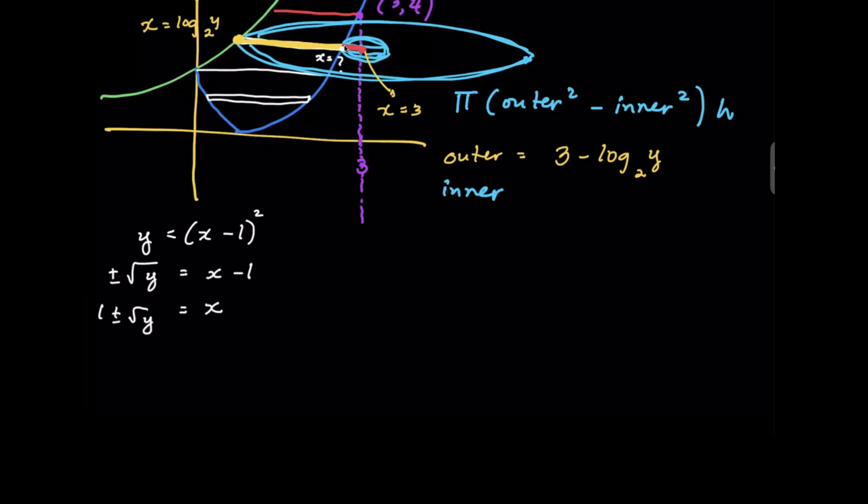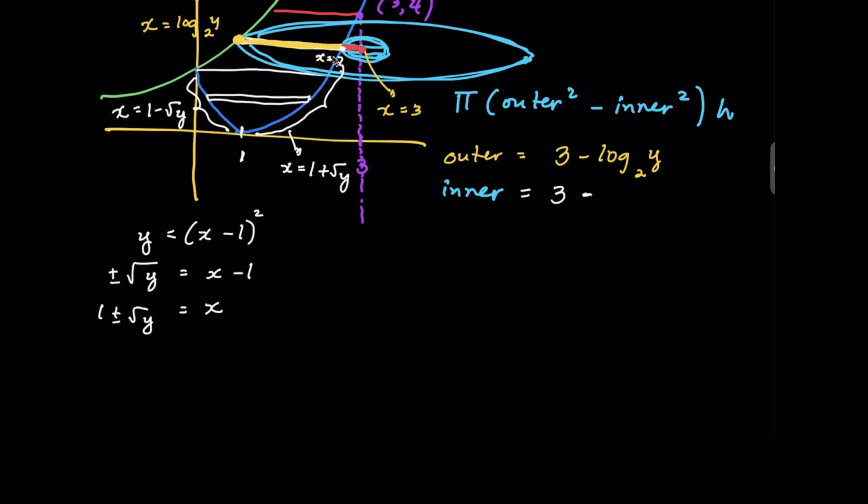But which one is x here? On this part over here, it's greater than 1, correct? So for this part over here, your x is 1 plus square root of y. For this part over here, your x is 1 minus square root of y. But what do we need only for the inner? It's this red one. So it's 3 minus the inner one.